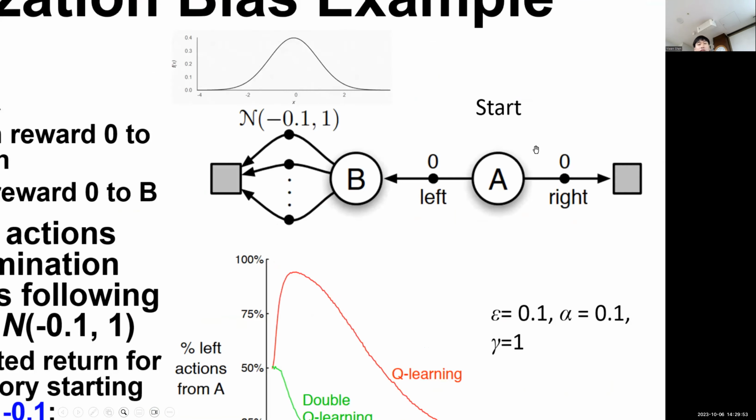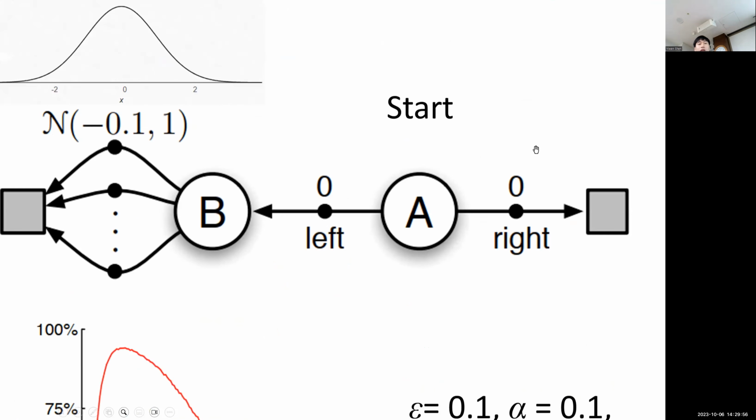To simplify, just look at this diagram. If you run the simulation enough, from this side the return for this terminal state will be minus 0.1, right? Because eventually, if you run enough times, it will reach the mean value. But from the right-hand side, whenever you run, it's always 0. So 0 must be better than minus 0.1, right? The right-hand side should be the better choice instead of the left.